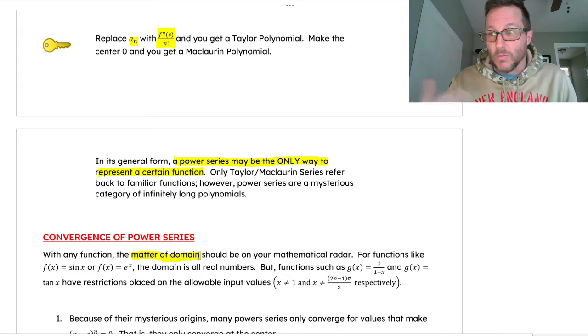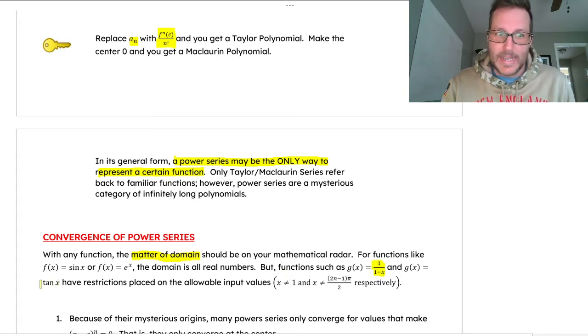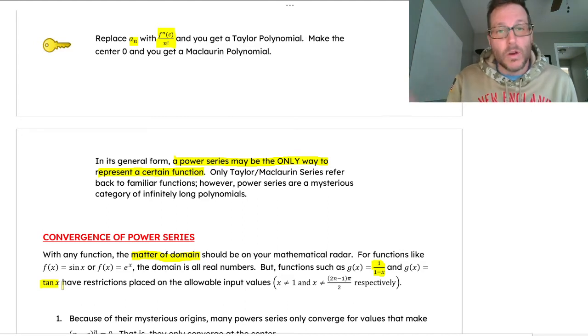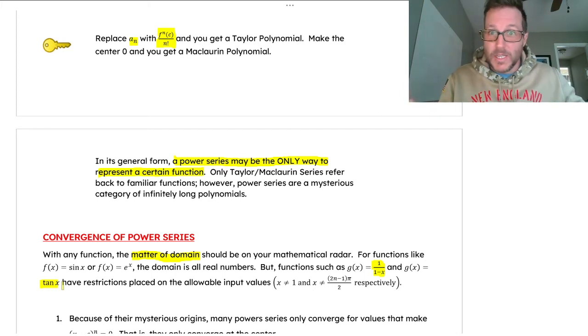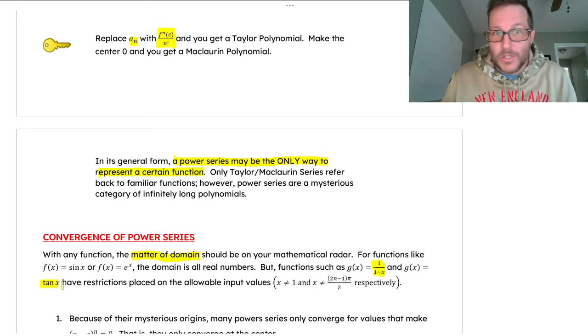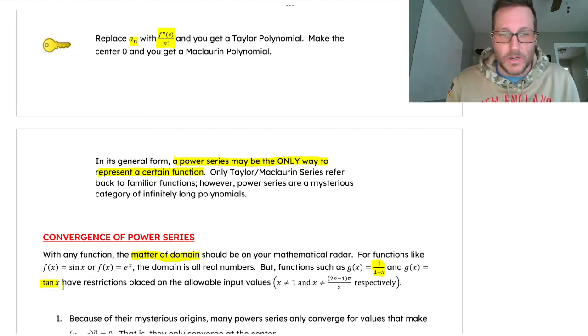The domain is all real numbers, but then there's other functions like 1 over 1 minus x, perhaps, and tangent x, where we have domain issues, right? For 1 over 1 minus x, x can't be equal to 1. And then for tangent x, you can't have an odd multiple of pi over 2 because those are where the asymptotes are. So domain can be an issue.